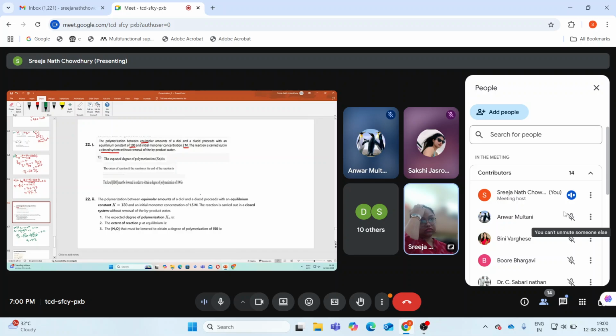So we can say that Ri is equals to 2 kT M dot square.